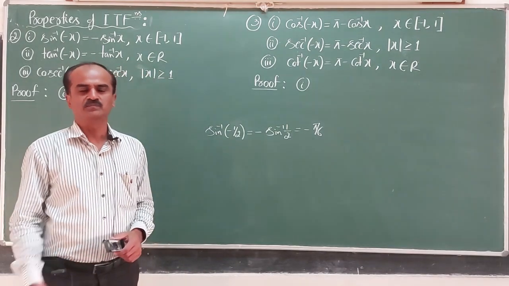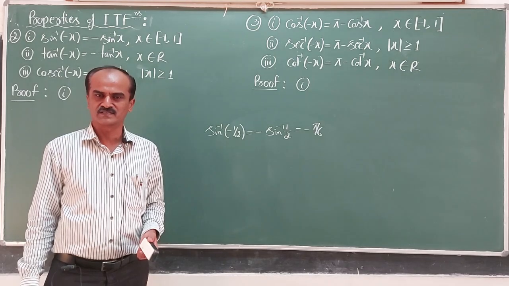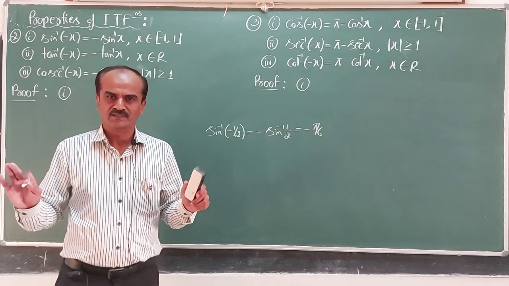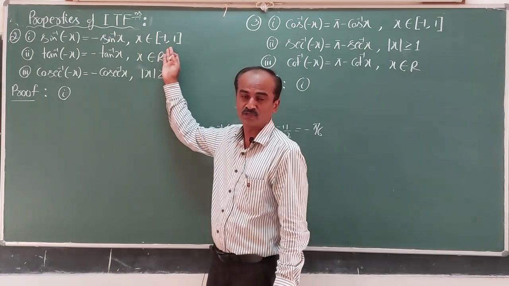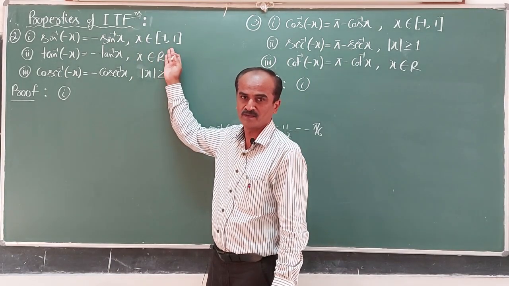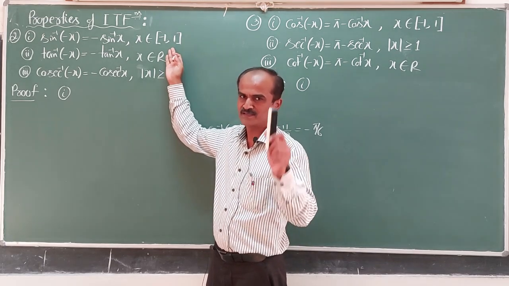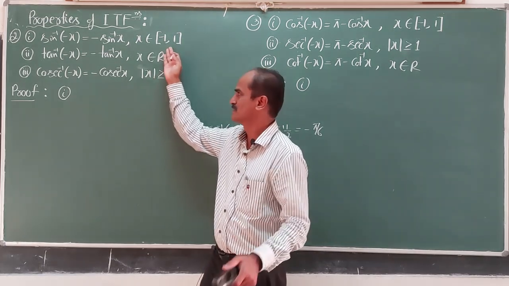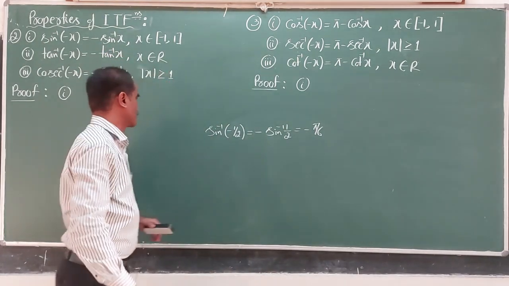Now, how can we prove this: sin inverse of minus x equal to minus of sin inverse x? Again remember, this property holds good only when x belongs to the closed interval minus 1 to 1. What is this interval? The domain of sin inverse. So when x lies in the domain of sin inverse, only then can this property be applied, otherwise not.